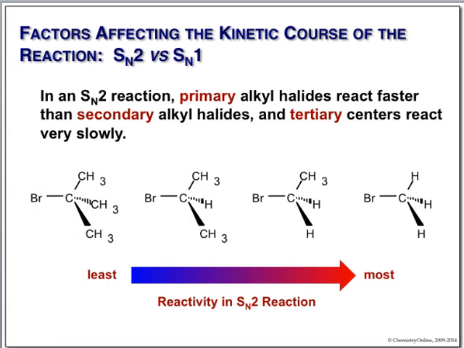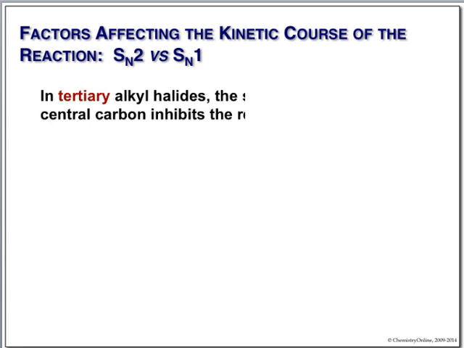We know that in an SN2 reaction, we have to be able to get to the carbon to form this transition state. Because of that, the more junk you have around the carbon, the worse it's going to be at doing SN2 chemistry. Remember, these guys would do SN2, these guys would do SN1. This is mostly to do with the size.